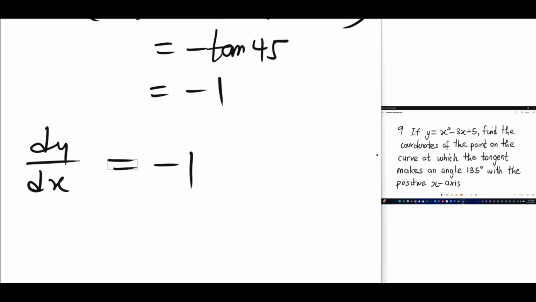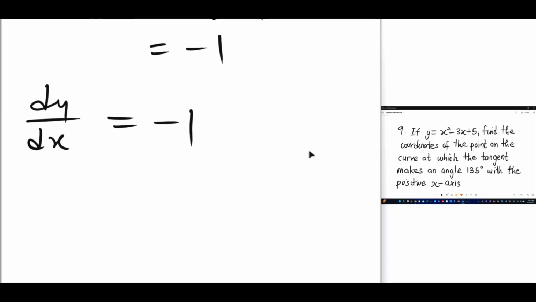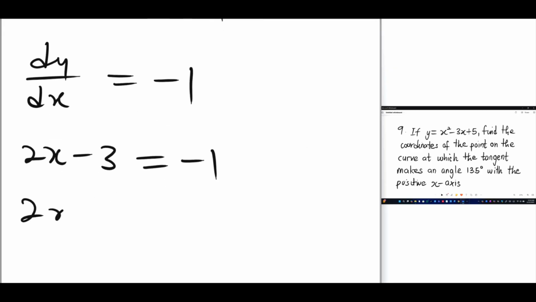So let's just find our dy/dx. We are going to get 2x minus 3, that is the dy/dx, equal to -1. Then we have 2x equal to -1 plus 3.